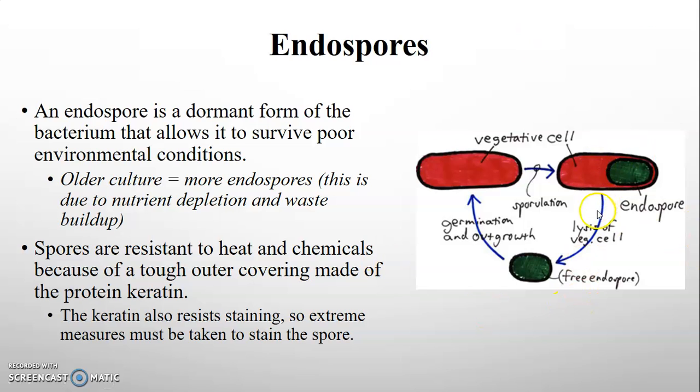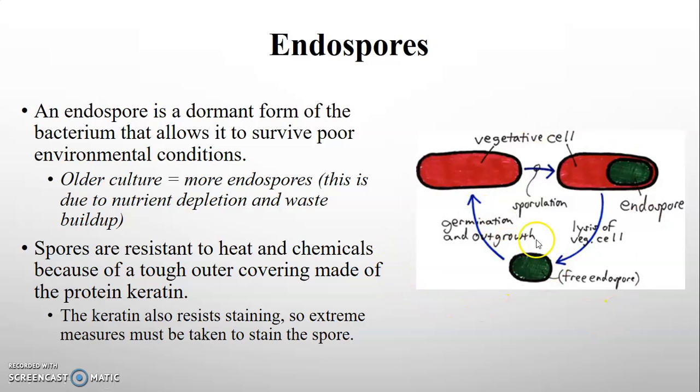Eventually, as more time passes, the rest of the vegetative cell will shrivel off and die off, and the only thing that will be left is this endospore. And that endospore can sit for a variable period of time. It could be hours, days, weeks, months, years, depending on the species of bacteria. It could sit there in that harsh environment, protecting that bacterial cell's genetic material.